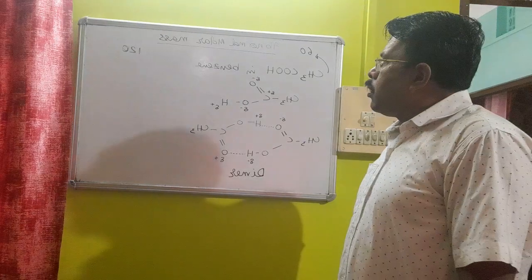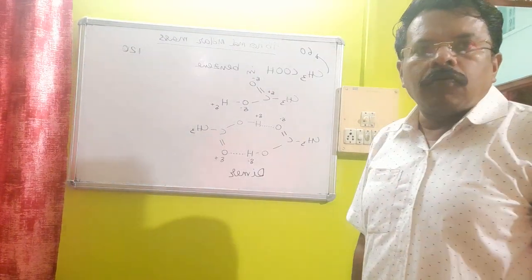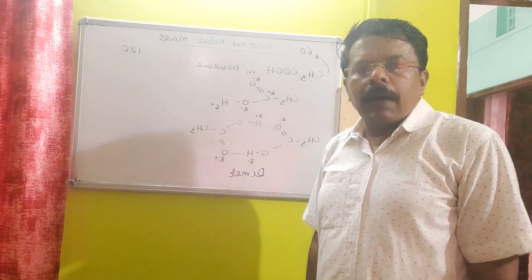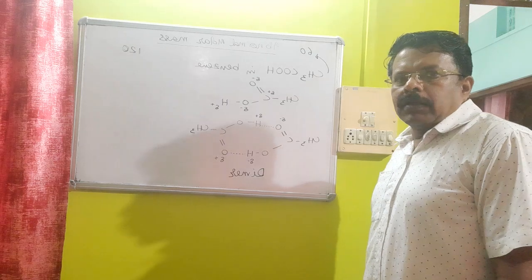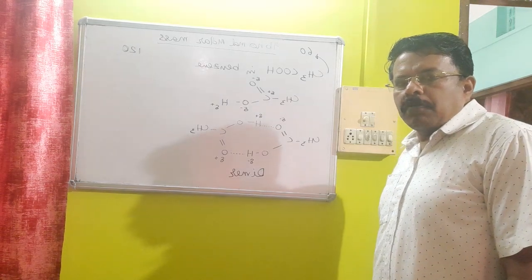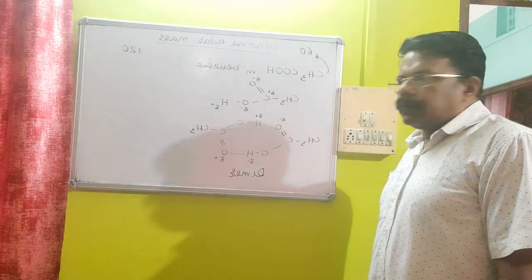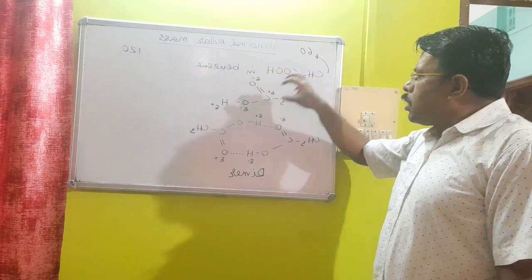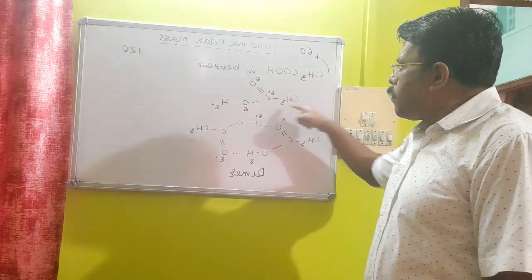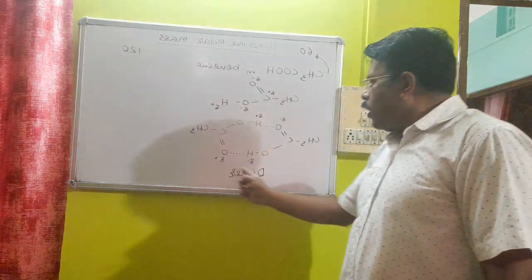So the question arises, what is the cause of this abnormal molar mass? The cause is right in front of you. Acetic acid in benzene doesn't exist in this form; it exists in the form of a dimer.